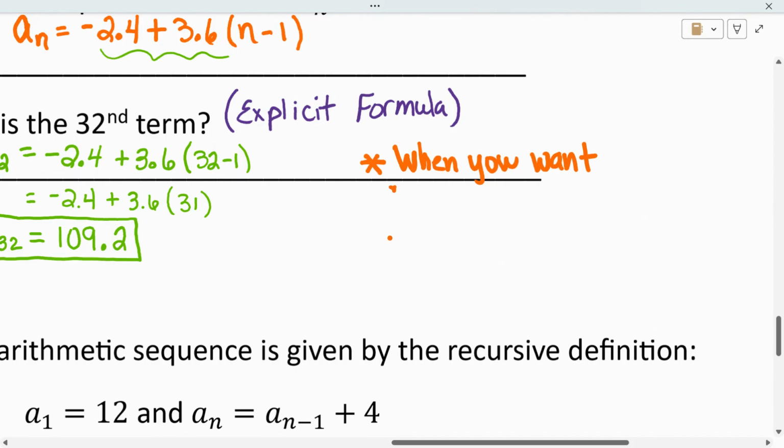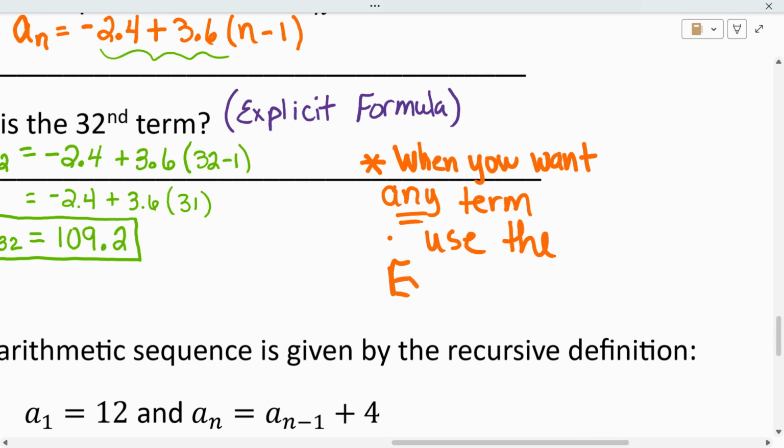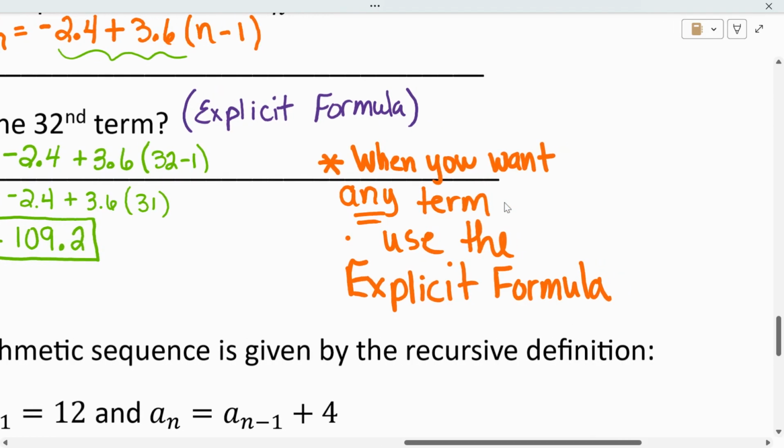When you want any term, use the what formula? The explicit formula. Use the explicit formula.